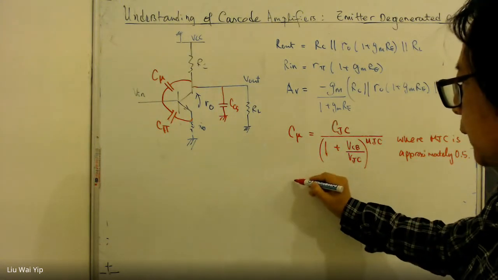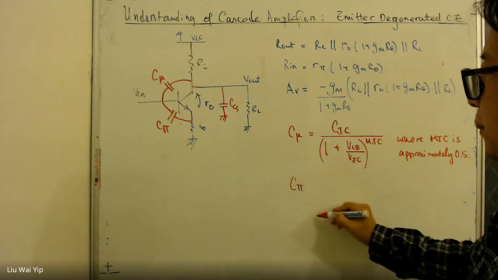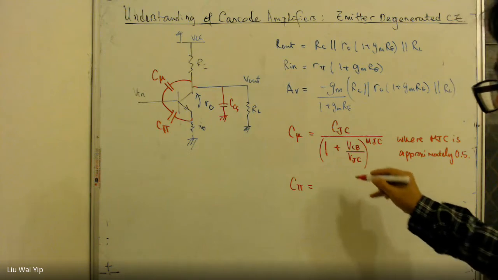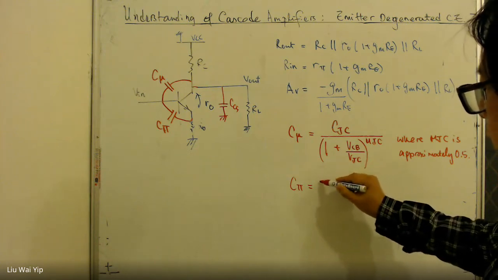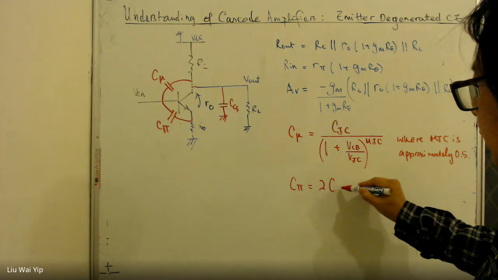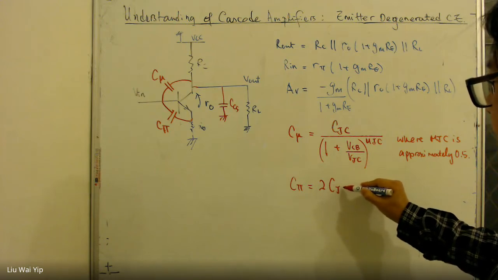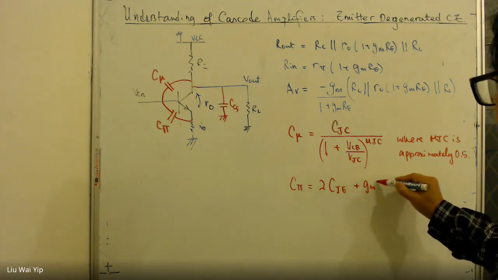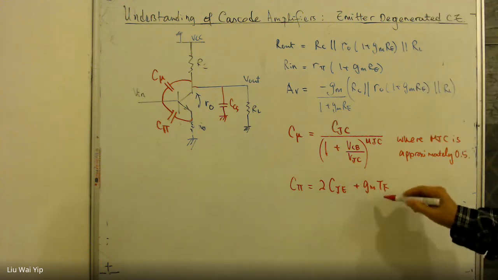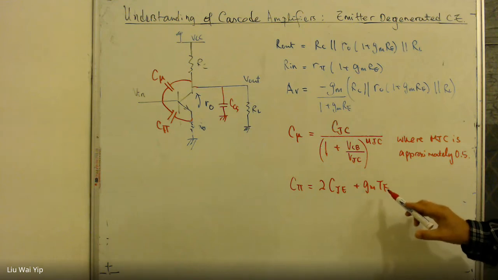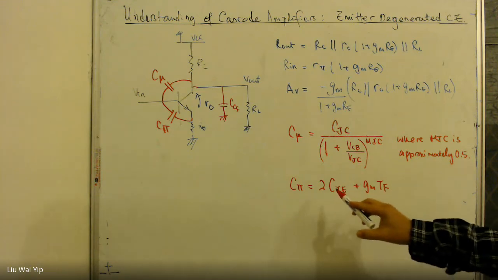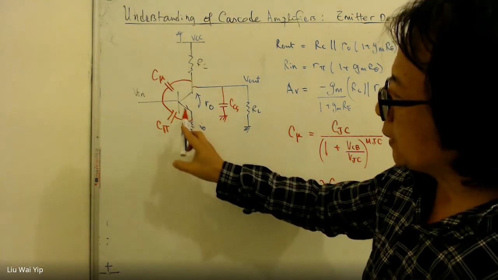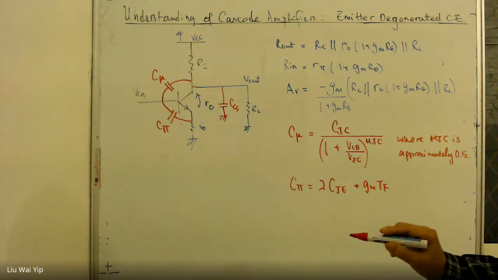So C pi is going to be 2 CJE plus GM times TF. TF itself is the forward transit time, and CJE is the junction capacitance between the emitter and the base.